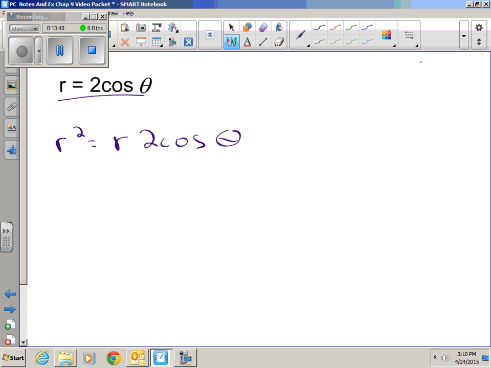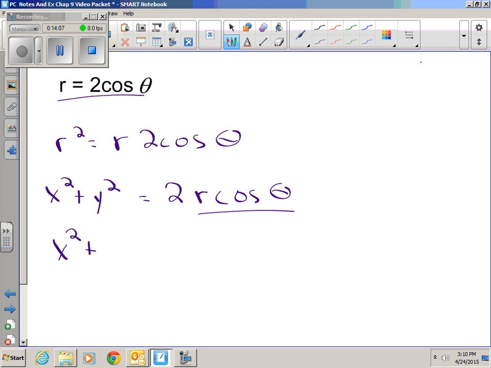R squared, of course, is x squared plus y squared. And 2 cos theta is another way of saying 2r cos theta. And r cos theta, of course, is x.